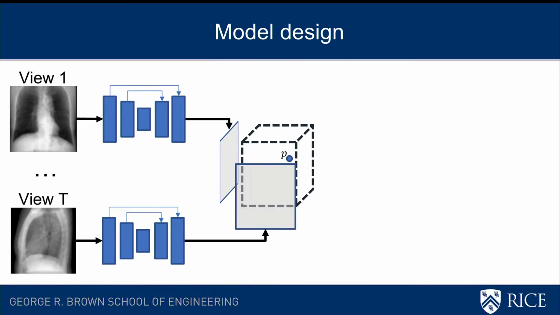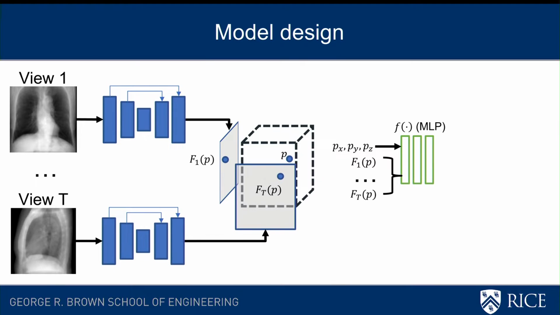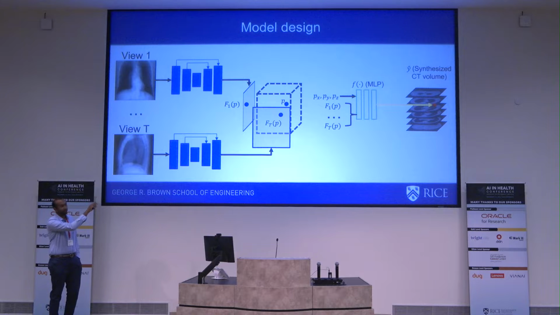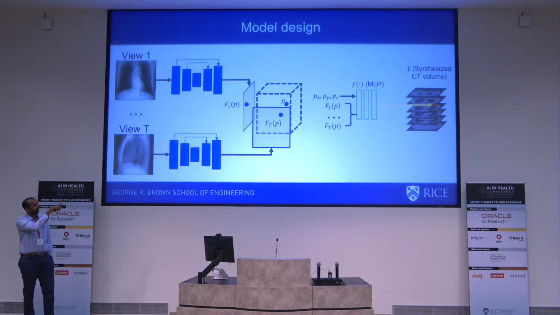For every point in that CT volume, these are 3D points, we project them onto the features, and then train another network that learns to map the coordinate of that 3D point along with those features to predict the output voxels. Quite simply, we take features from the image and then infer for every 3D location using another neural network how to combine those features with that coordinate to make a prediction of the output. And we can do that for every single output pixel to synthesize a CT volume.